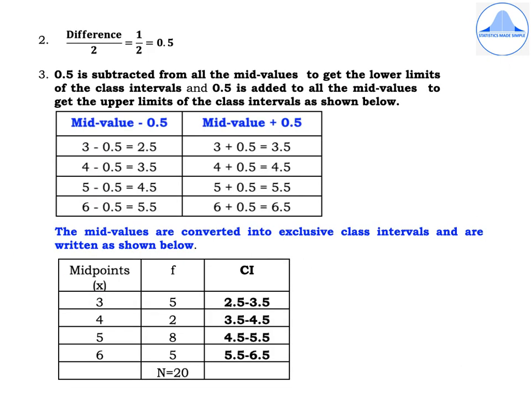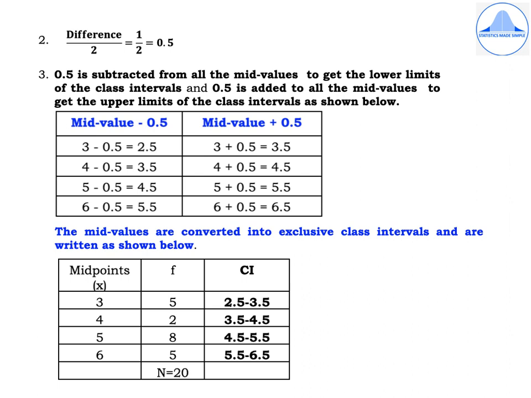The second step is to find out the difference divided by 2, which is equal to 1 divided by 2 equal to 0.5. The third step is 0.5 is subtracted from all the mid values to get the lower limits of the class intervals, and 0.5 is added to all the mid values to get the upper limits of the class intervals as shown below. So again, let's form a table with two columns, mid value minus 0.5 and mid value plus 0.5.